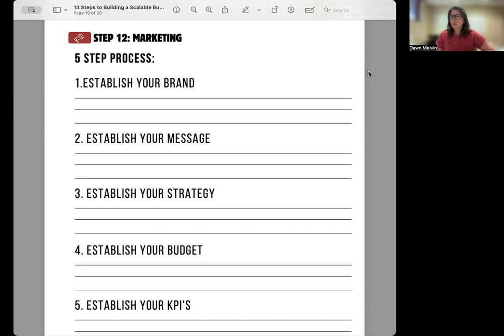Maybe it's a tagline or something like that, or it could very well be based on your previous sessions where we were talking about your mission, your vision, and your value statement.